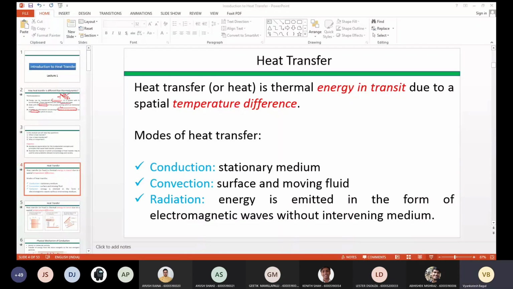When the temperature at the two points you are considering is one and the same, the heat transfer should cease. There will not be heat transfer because there is no driving potential. So the definition of heat transfer is thermal energy in transit, and this is due to a spatial temperature difference. These two conditions must be met: energy in transit and the temperature difference, and then only you will call it heat transfer. Otherwise, not.